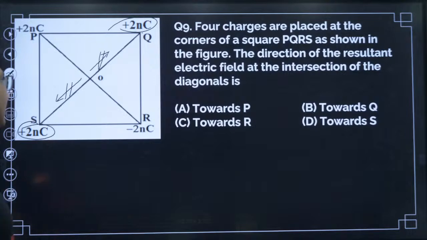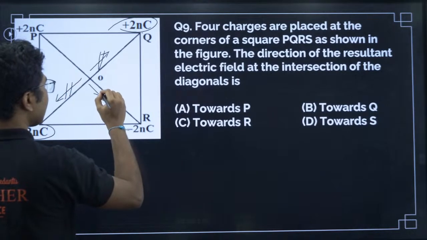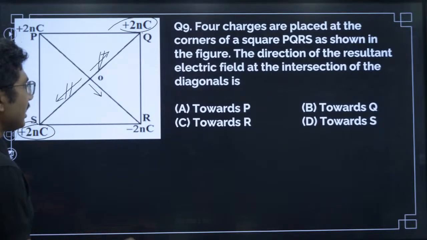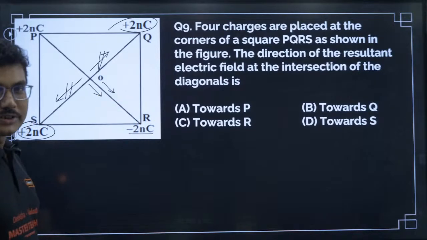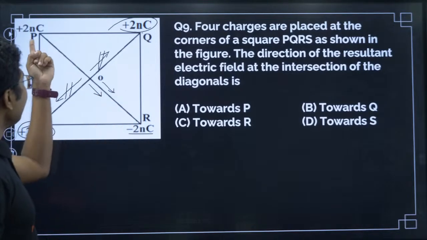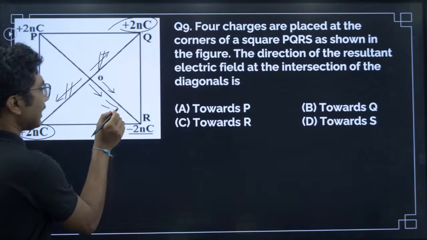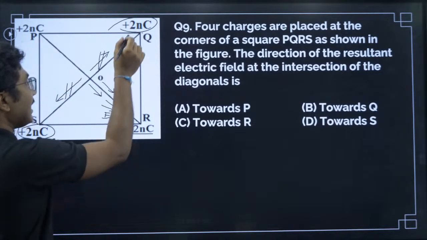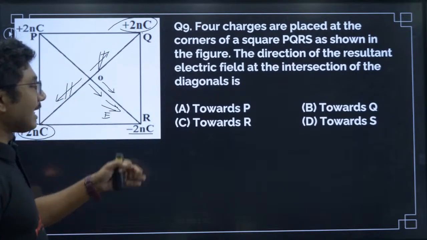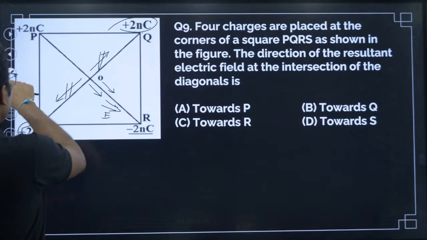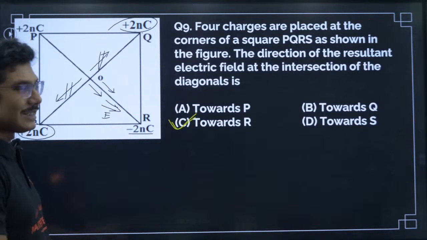Now this positive charge gives an electric field away from it, and this negative charge gives an electric field towards it. So the electric fields due to P and R are both towards R, and the combined electric field will be towards R only. The fields due to Q and S cancel each other, but P and R add up, so the answer is towards R. That is option C. All of you who answered R are correct.